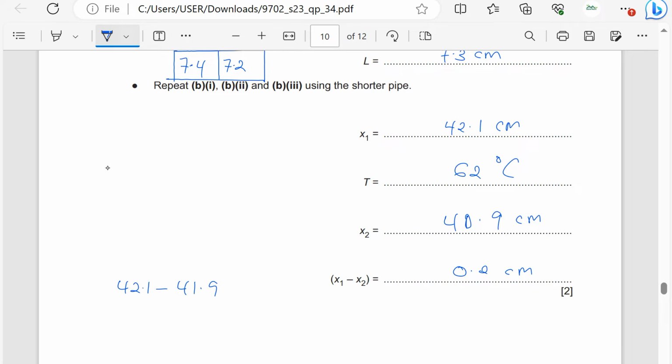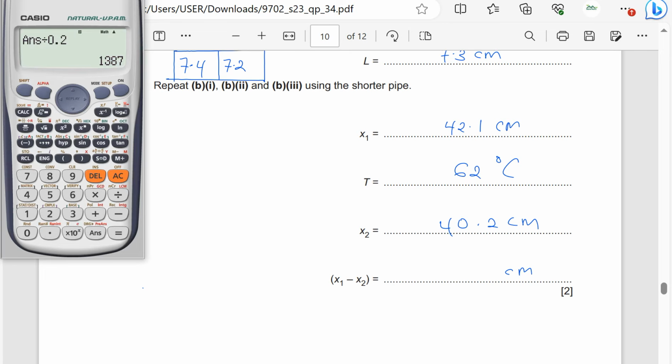So I've picked another student so that I have at least a smaller percentage difference. So this student's x2 is 40.2 centimeters.